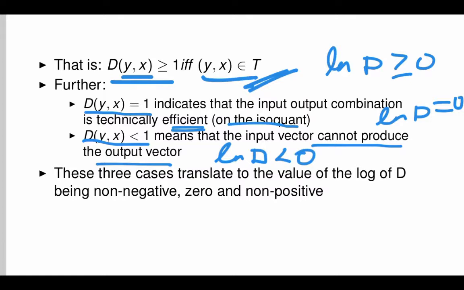This is useful because when we are thinking in terms of functional form, especially the translog for the input distance function, we have to require that the log of the distance function value at observed data points be non-negative, because they are observed, meaning that they are feasible input-output combinations.